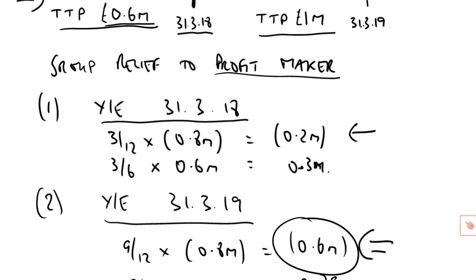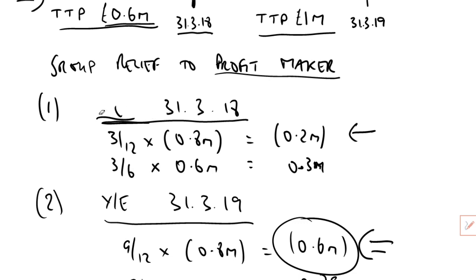And what that means is that whereas previously, though £200,000 of loss was available for relief and is still available for relief, when it was going against the profits of the year ended 31st of March 18, we could only take 3/12 of 600,000. That was 150,000. It limited the group relief.